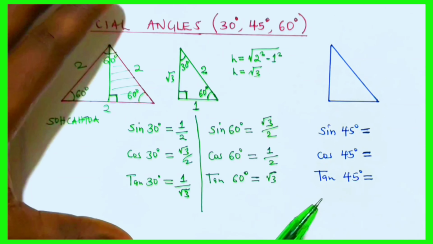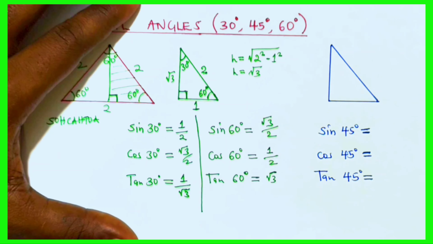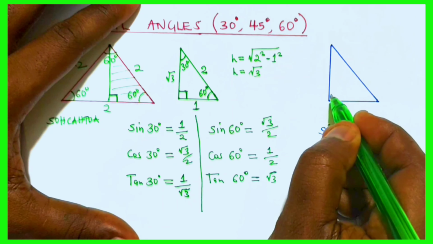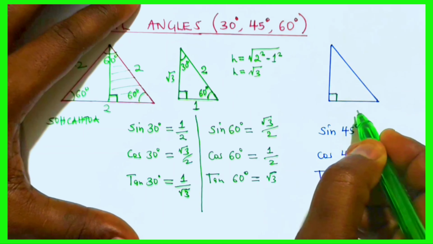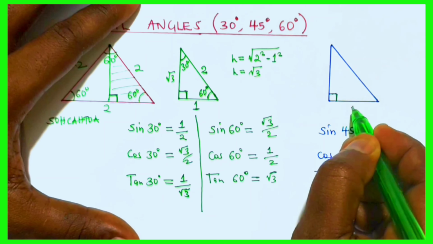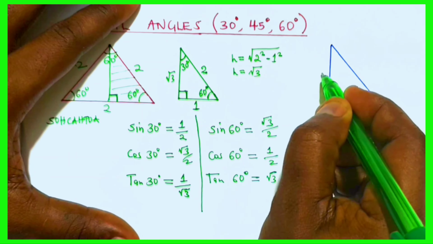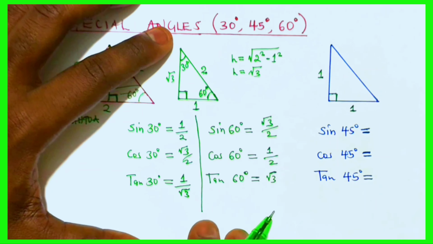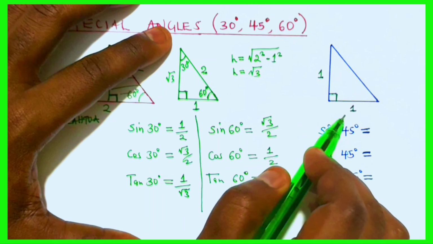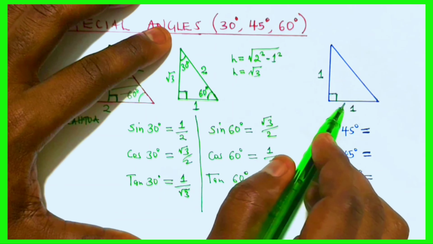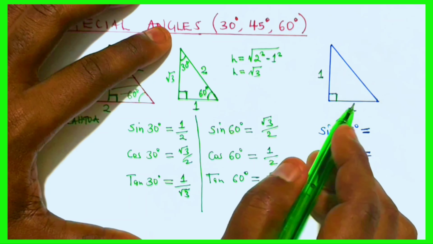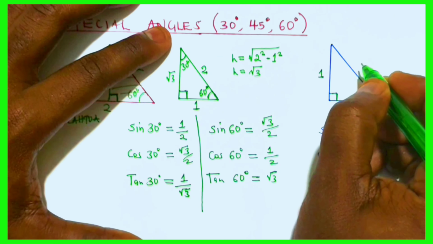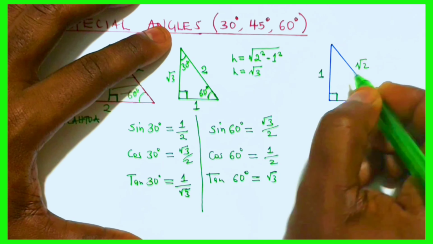What about the angle 45 degrees? Here we are going to consider straight away a right angle triangle whose base is 1 unit and height is 1 unit. And therefore, by using the Pythagoras relationship, where we say that c squared is equal to a squared plus b squared, 1 squared plus 1 squared is 2, and therefore the hypotenuse here will be root 2.